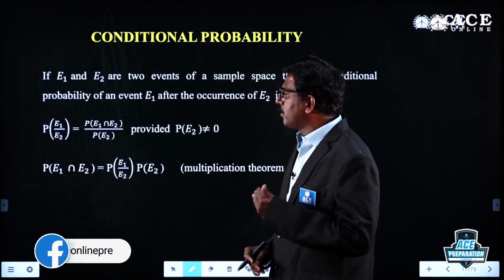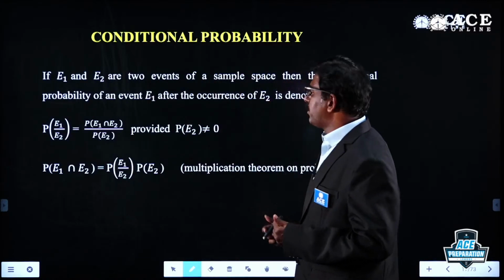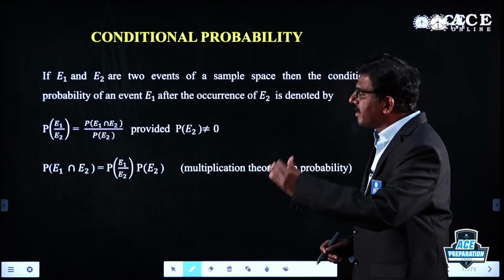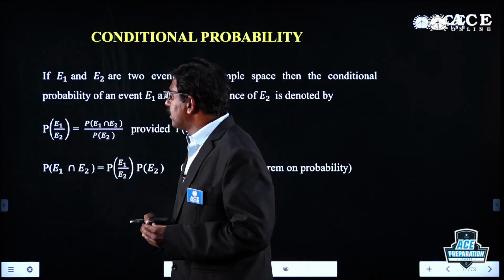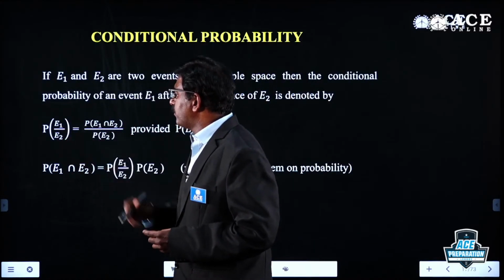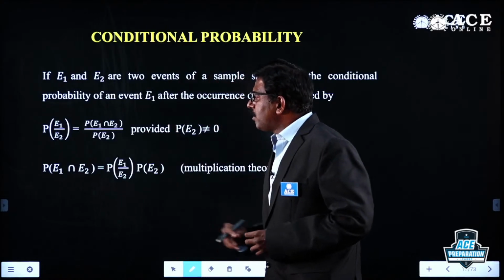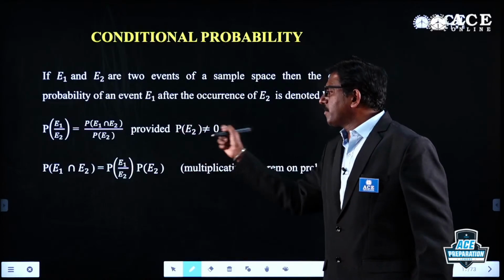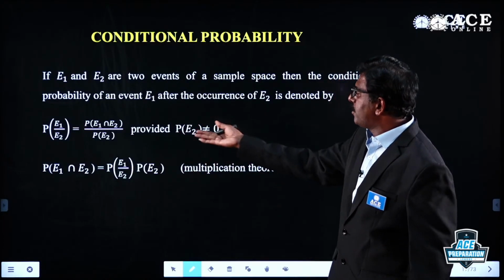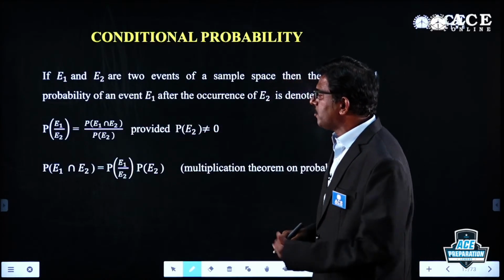Suppose one condition is given to you, the already occurred event we take in the denominator. So P of E1 by E2 is equal to P of E1 intersection E2 by P of E2, provided the denominator is not 0, because if the denominator is 0, it is not possible to define.